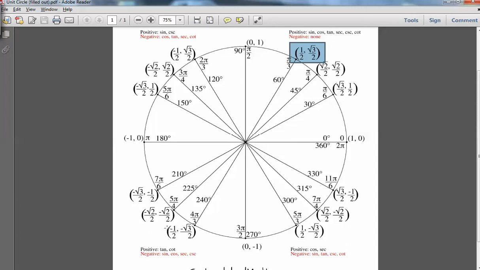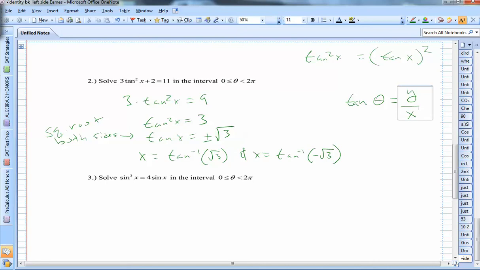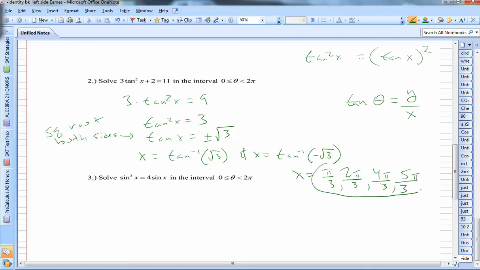Also would happen right here, you get the same thing. It would happen right here, and of course it would happen right here. So the places will be x equals pi over 3, 2 pi over 3, 4 pi over 3, and 5 pi over 3. Those will be the 4 locations where tangent could be root 3 or negative root 3.